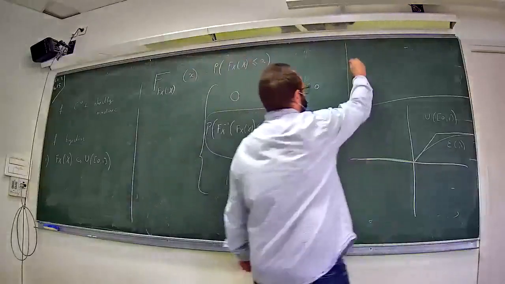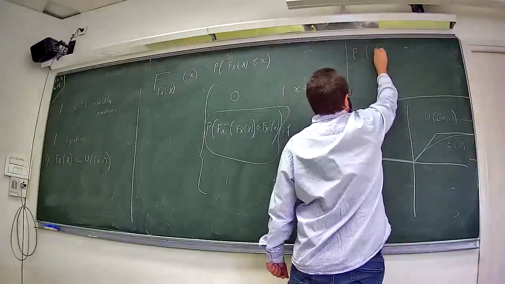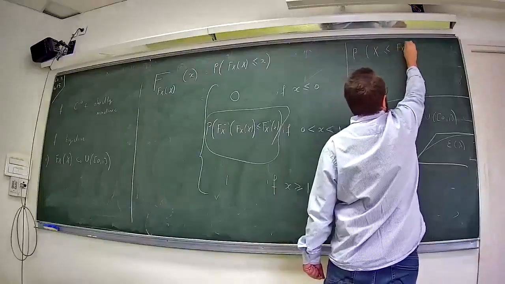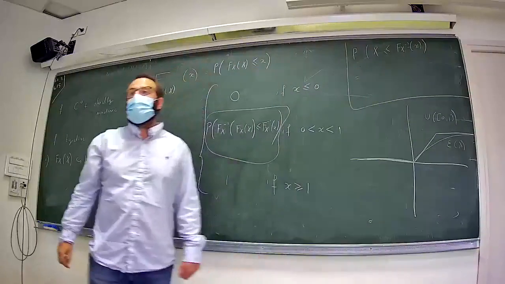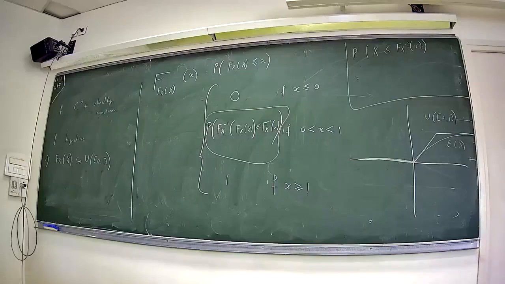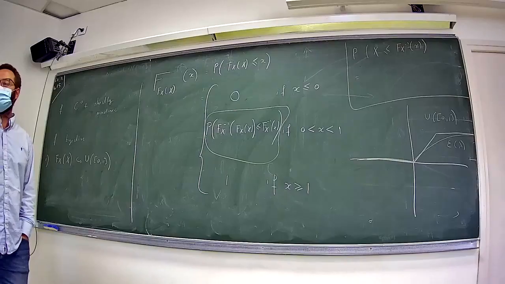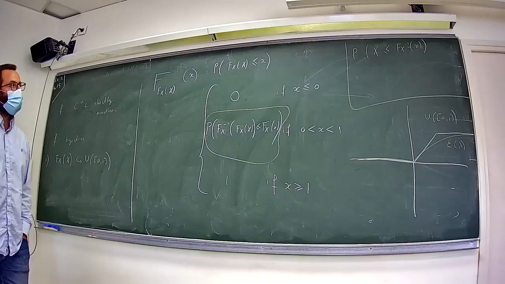So the probability I am interested in may be written as the probability that capital X is less than F_X minus 1 of small x. Now, I said that it's finished. Why?